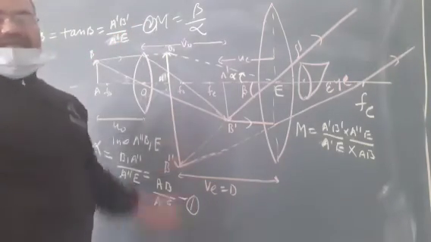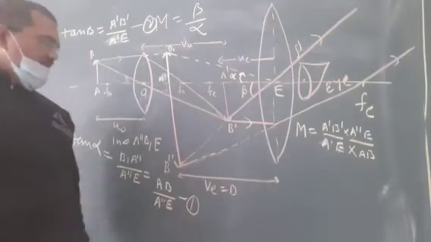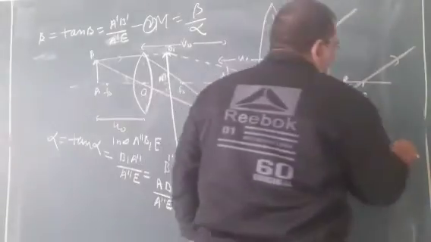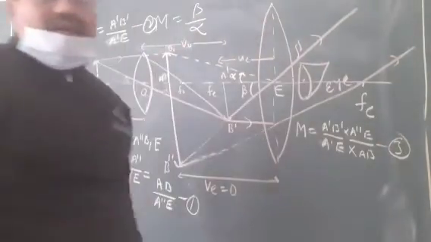So dividing equation 2 by 1, we will get this equation. This is 3. Write it down.